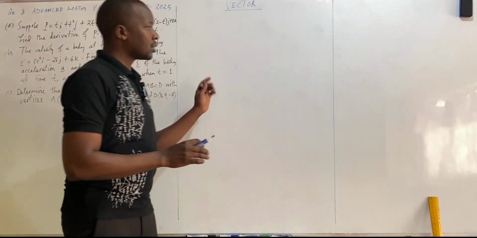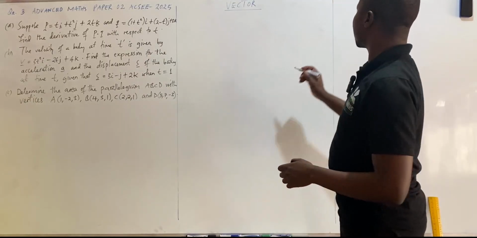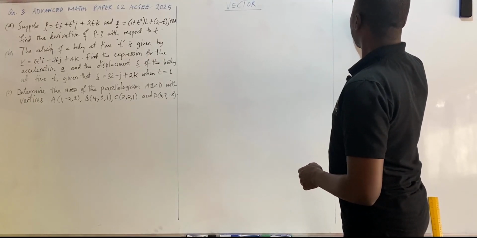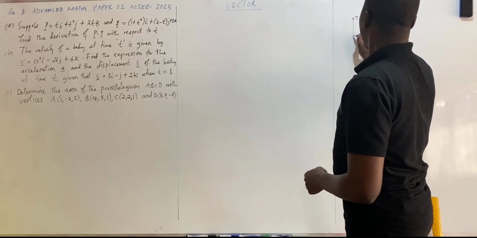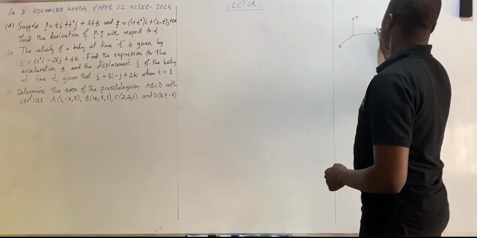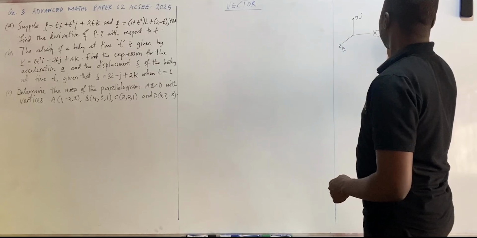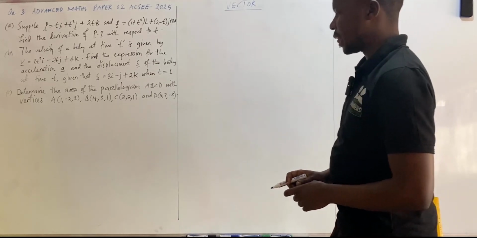And normally when you graph it, it is graphed on the X, Y, Z plane. So this will represent the unit vectors I, J, and this will represent the unit vector K.